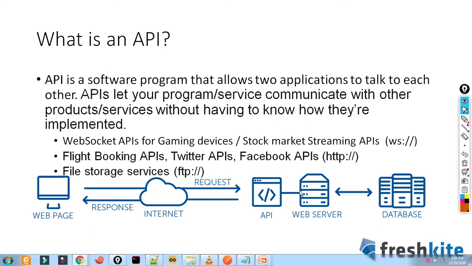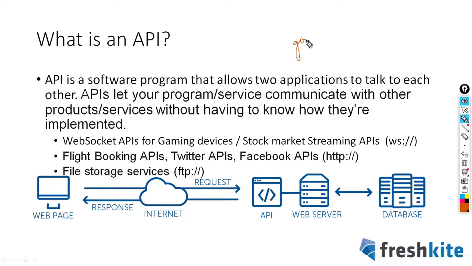Now what is a URL? You type google.com. When you type google.com, it goes to the Google server, gets the HTML and CSS files and displays the web page. This is the uniform resource locator; it locates a resource.